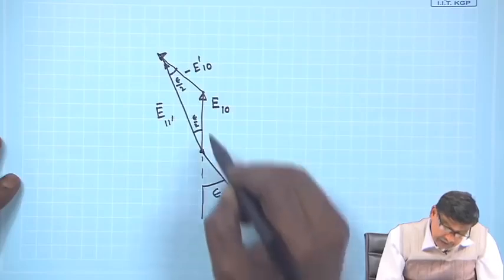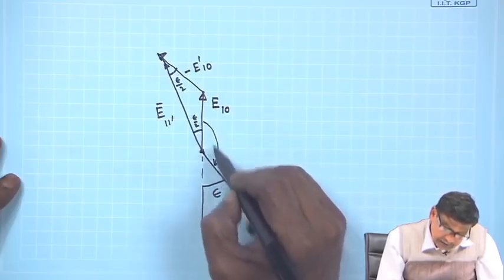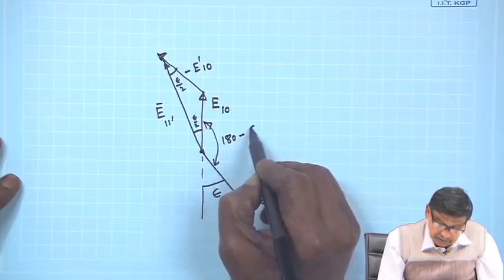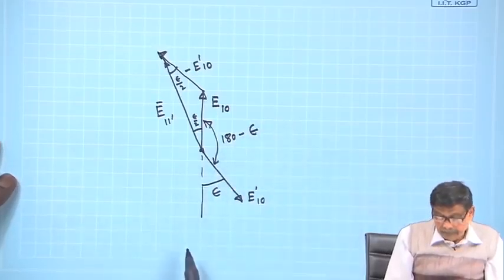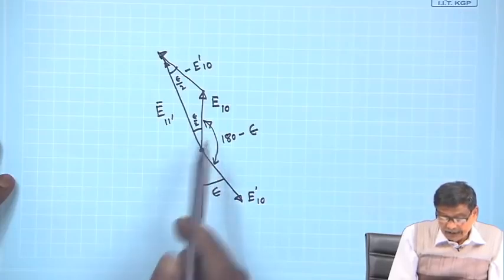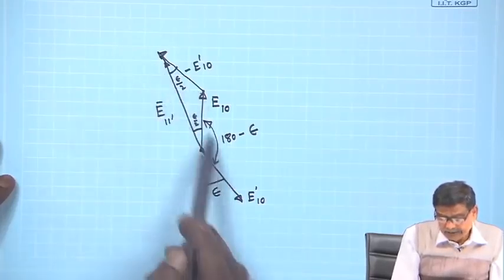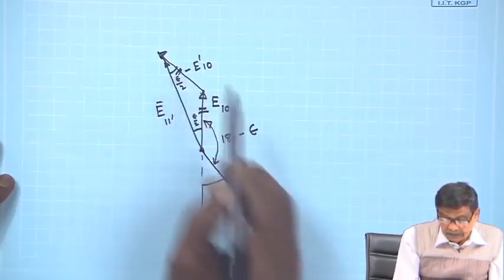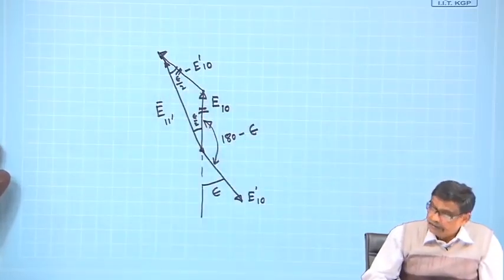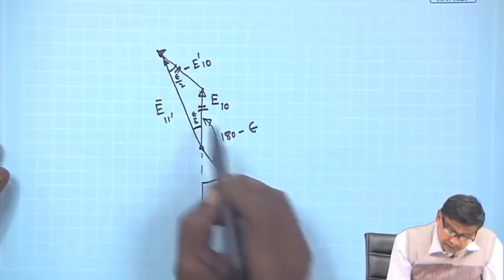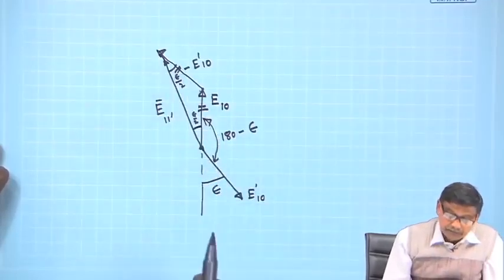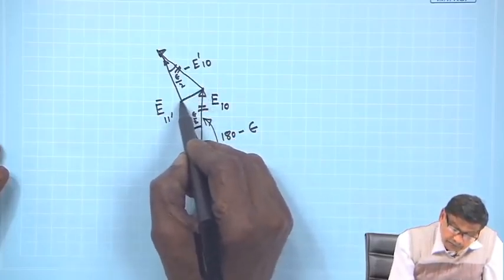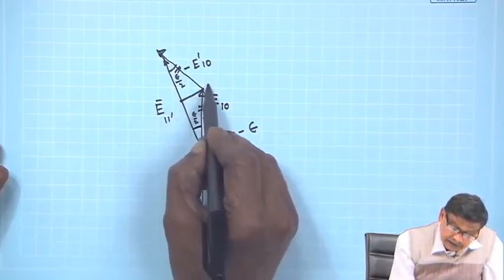Because this is epsilon, this angle is 180 minus epsilon, 180 minus epsilon, and this angle will be the sum of these two external angles, and these two sides are equal. So, everything is fine now. This is epsilon by 2 and this is epsilon by 2, and then you drop a perpendicular from this point, A m.